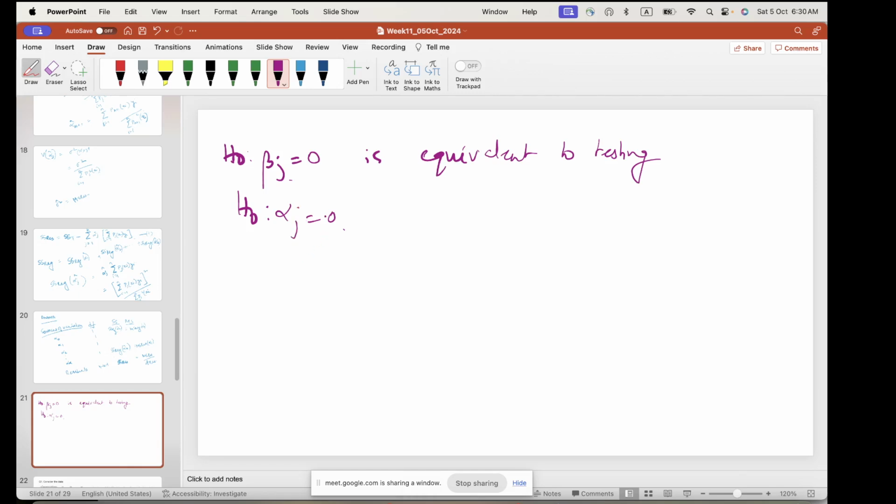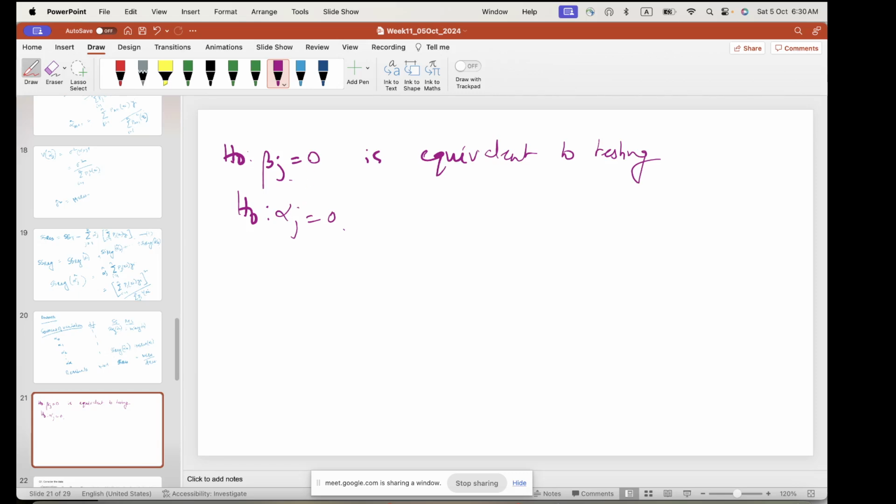If we are trying to find out by forward selection whether a jth order polynomial will be good or not, then testing for each of these coefficients is equivalent to testing for alpha j equal to 0.